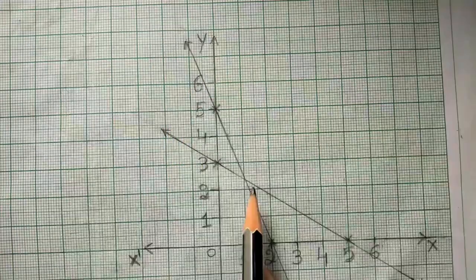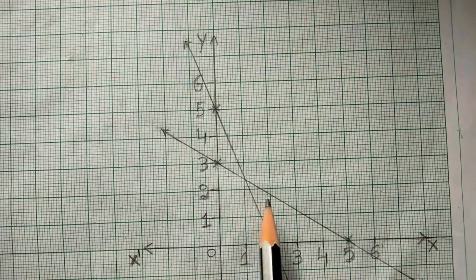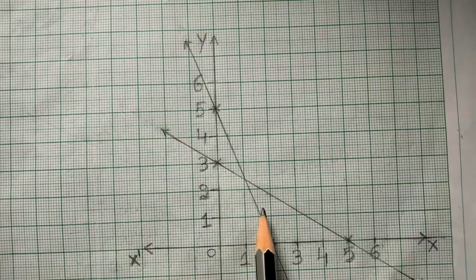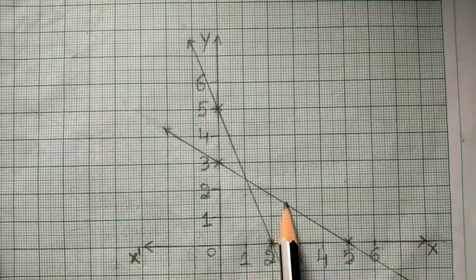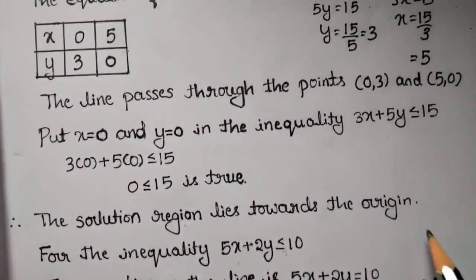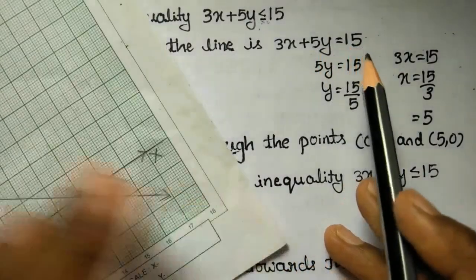Now we have to determine the solution region of each of the inequalities. This is the line of the first inequality and this is the line of the second inequality. To identify the lines, we can write the equation of the corresponding lines in the graph. The equation of the first line is 3x + 5y = 15.